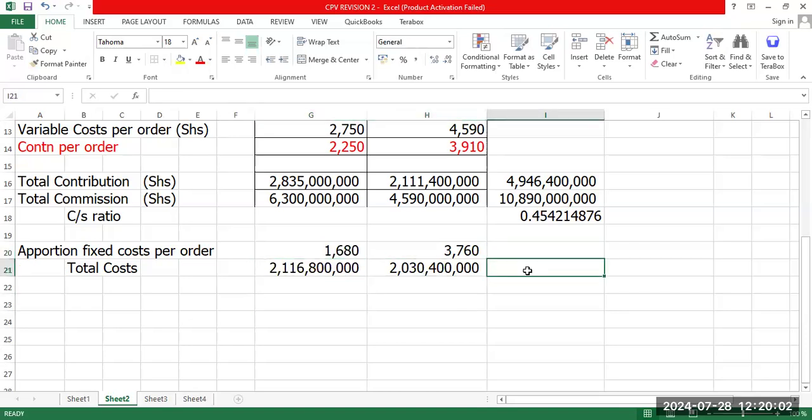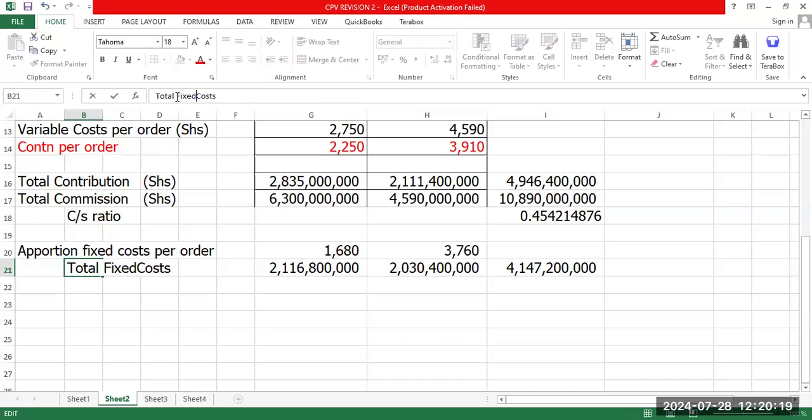Then the total fixed costs, we add this plus this. This is total fixed costs, and our figure is this one.